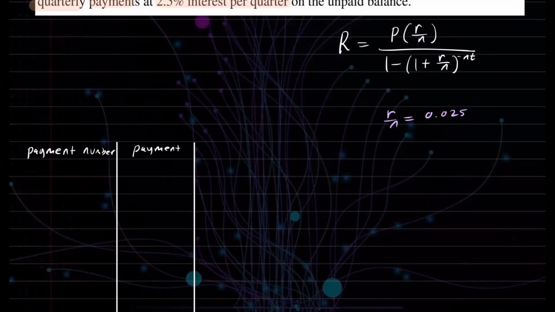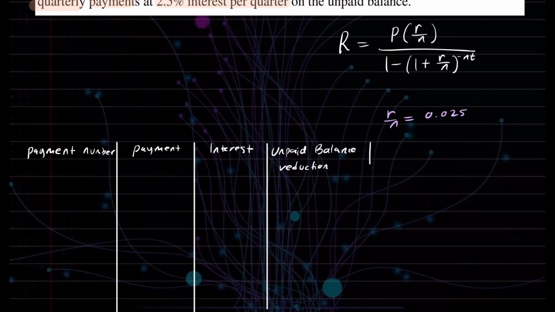And then the next column is going to be interest, how much is paid on interest for that particular payment. And then we will have our unpaid balance reduction, which we subtract from our principal. And then the last column would be for the unpaid balance. So this is how you set up the table.